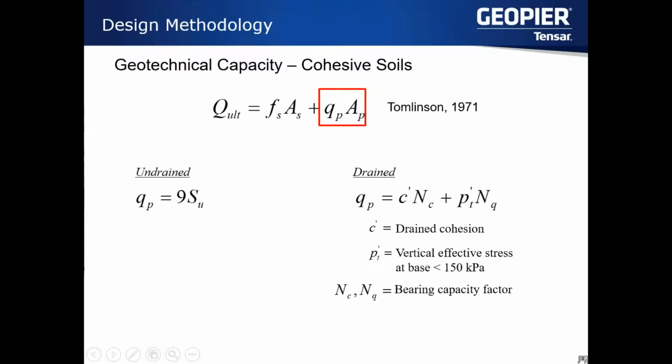And for cohesive soils, we'll consider the undrained shear strength for undrained loading, as well as the drained cohesion and bearing capacity factors for drained loading. And normally we're considering both to determine what the controlling resistance will be. The capacities we're normally dealing with are somewhere on the order of 100 to 200 kips, sometimes higher, but normally in that range.